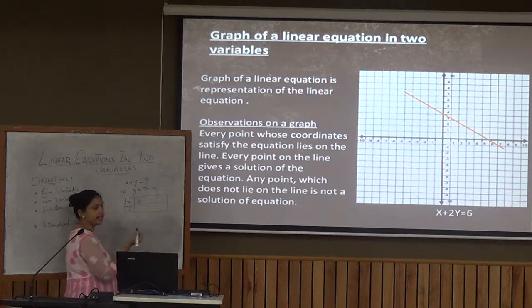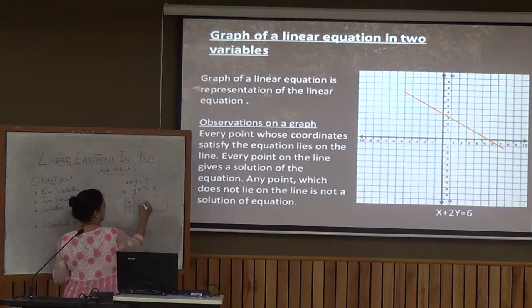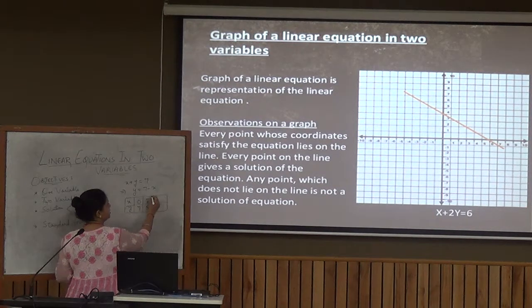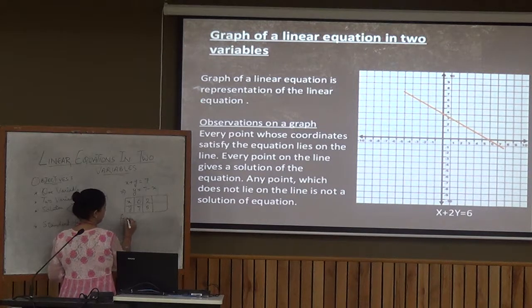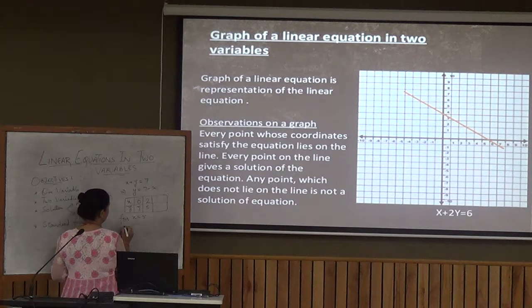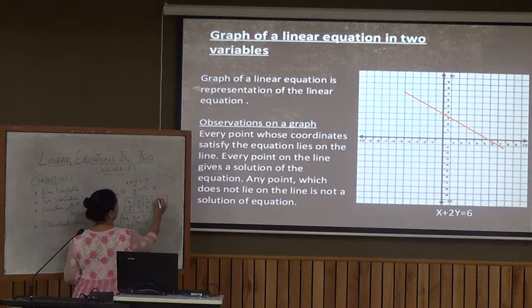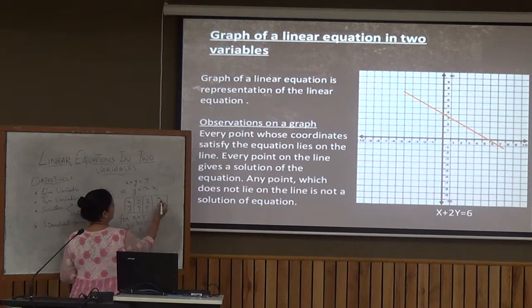Taking x as 0, we got y as 7. Taking 2 for x, we got 5. Similarly, taking x equals 5, y will be 7 minus 5, which is 2. So we have got another column value, 5 and 2.